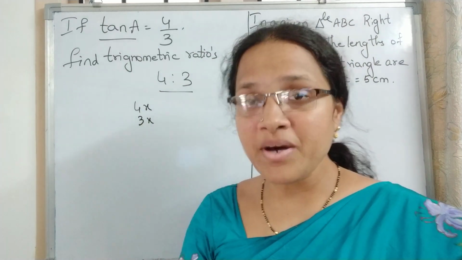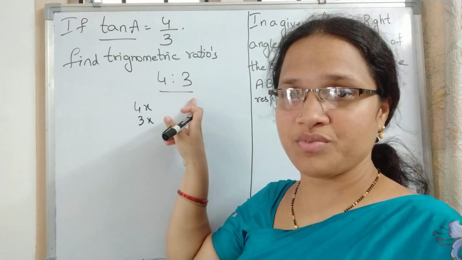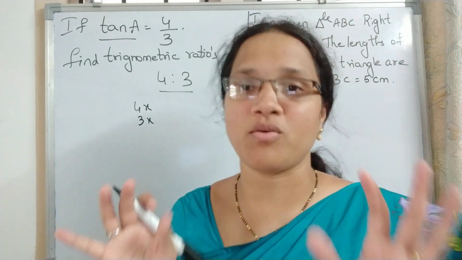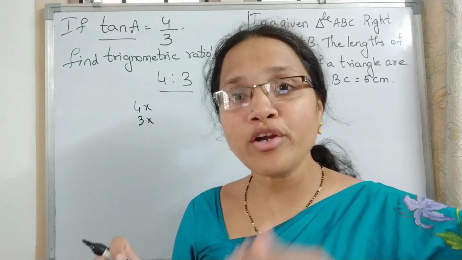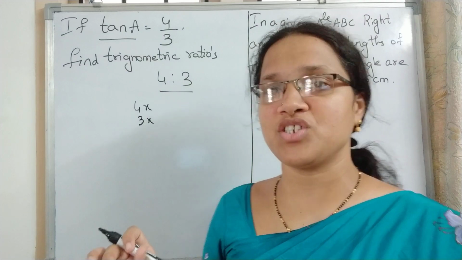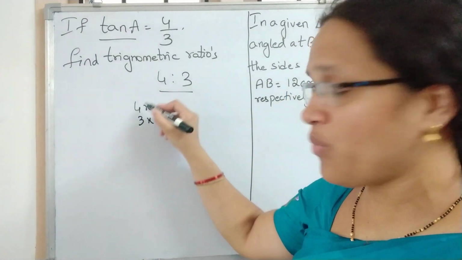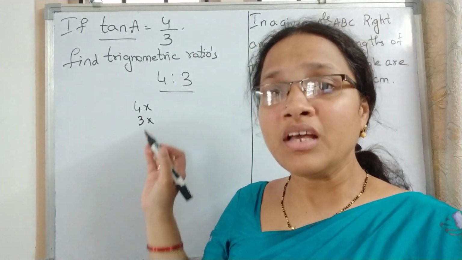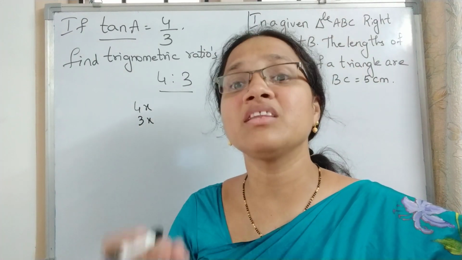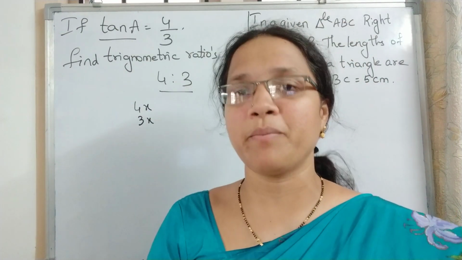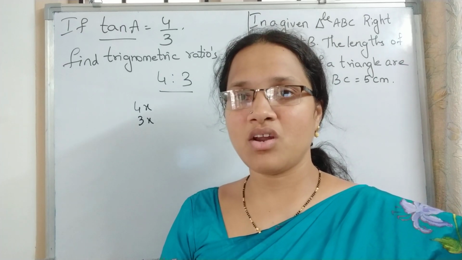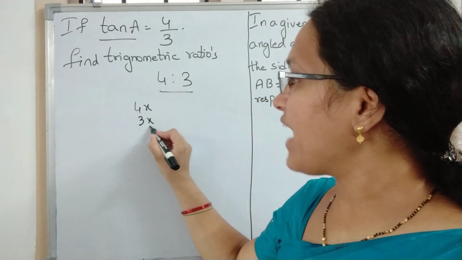Because the numbers given in the ratios are in the simplest form. So in order to get back to the original numbers, we add the common variable. This common variable is nothing but the number by which we cancelled both the numbers. So we will add a constant here.